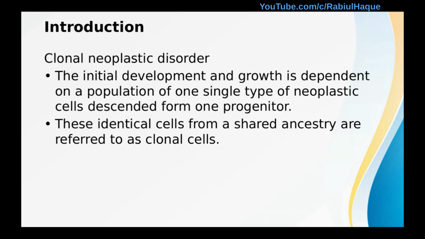So what do we mean by clonal neoplastic disorder? Always remember, the initial development and growth of a neoplasm is dependent on a population of one single type of neoplastic cells descended from one progenitor. Those identical cells from a shared ancestry are referred to as clonal cells.